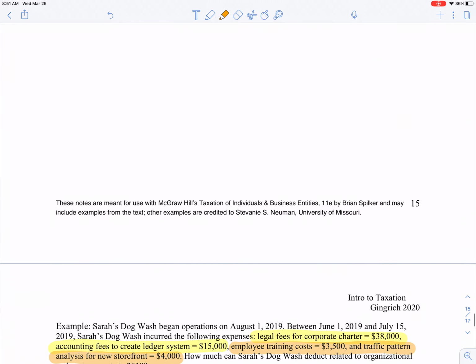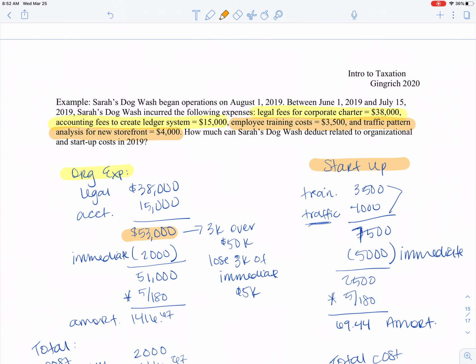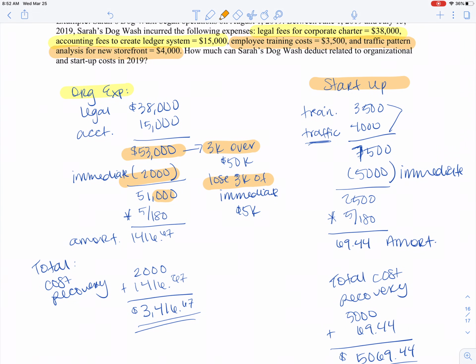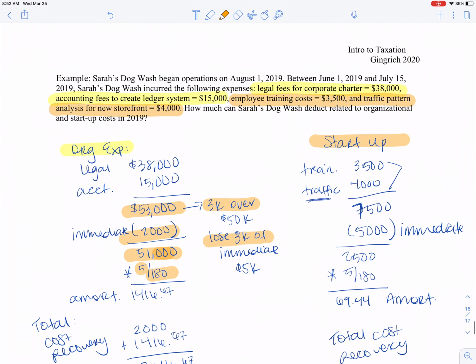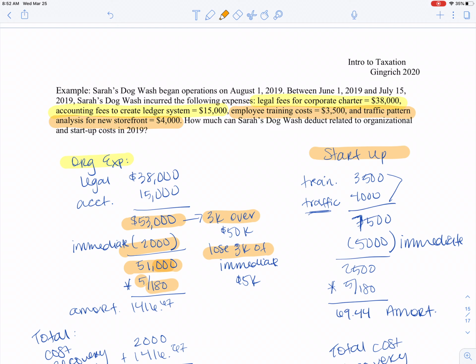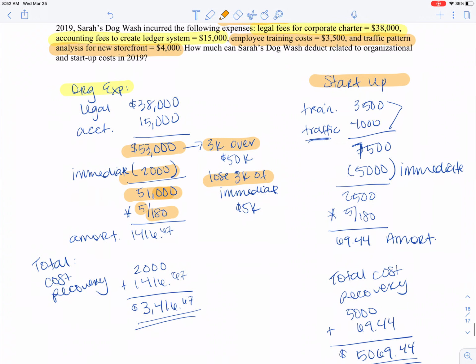So in our example, our organizational expenditures exceeded $50,000 by $3,000. So our immediate deduction of $5,000 was reduced by 3 for an immediate deduction of only 2. That left $51,000 remaining to be recovered, and that's over 180 months. We got 5 months this year because we started our business August 1st, and so we would get August, September, October, November, and December in amortization.